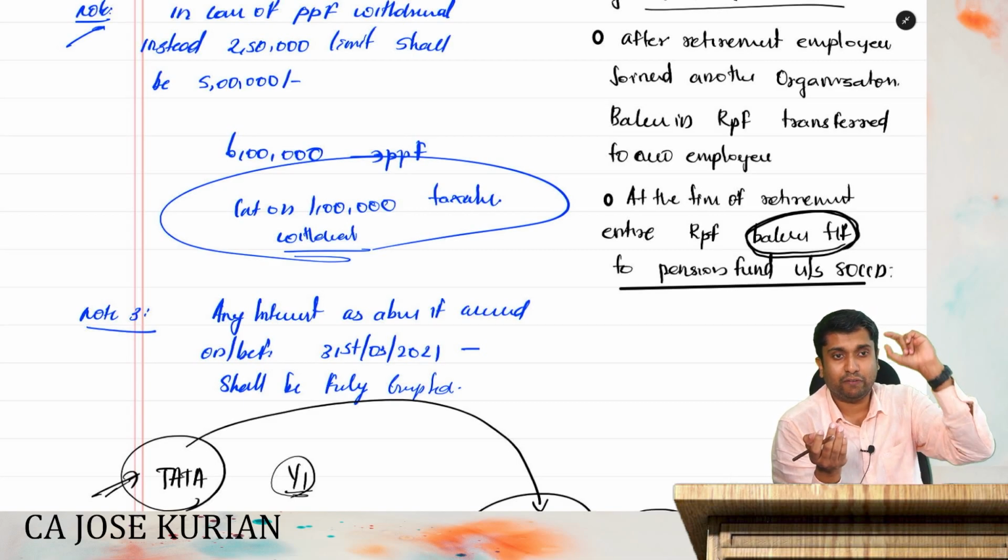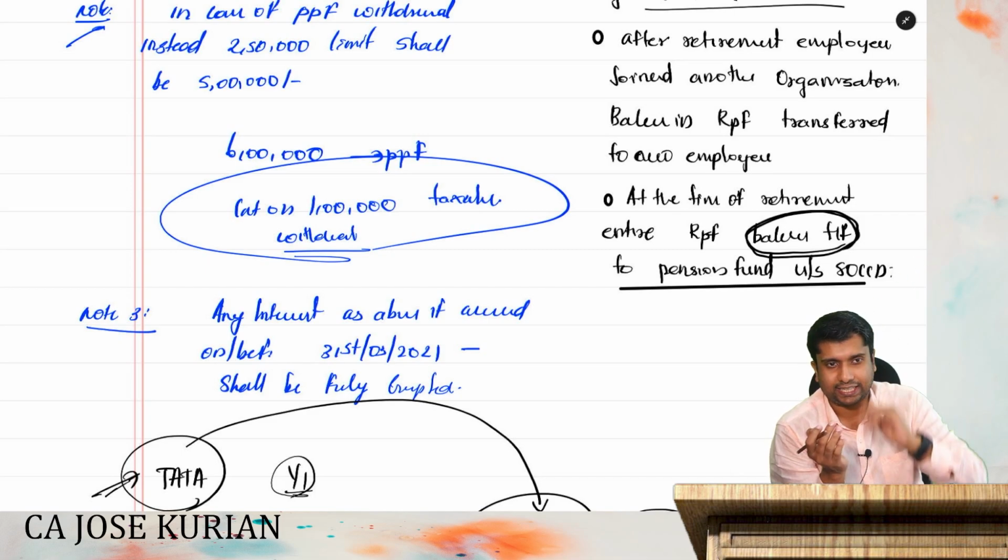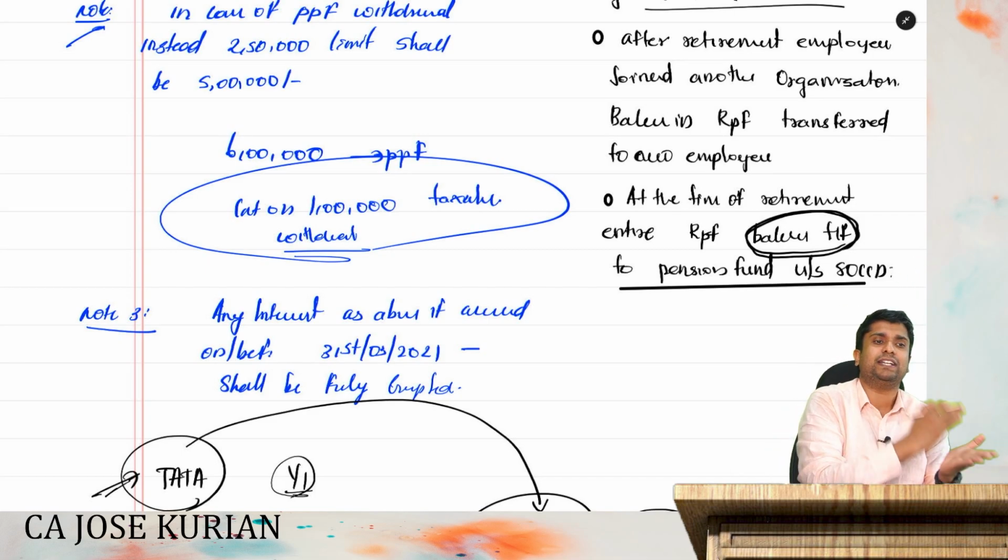We will discuss 80CCD when we discuss chapter 6A. For the time being, simply understand it as a pension fund.